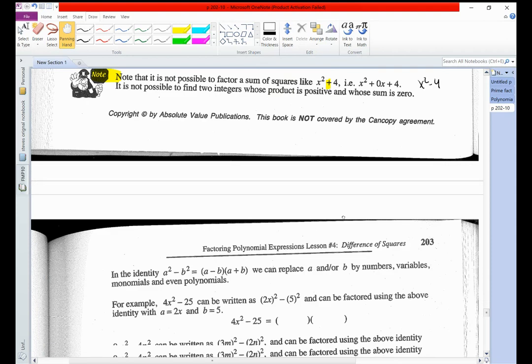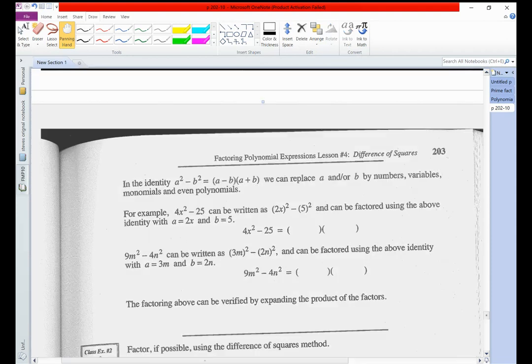Okay, let's carry on. So we just learned that a squared minus b squared is equal to a minus b multiplied by a plus b, but a squared and b squared can be numbers or variables or combinations of the two. As long as they're perfect squares, this works.